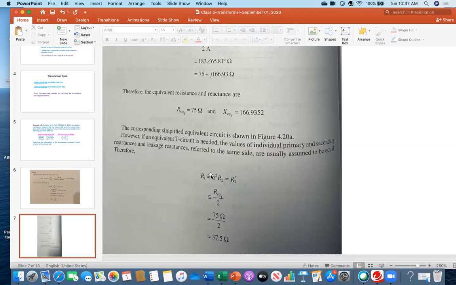Here in the book, they are using a different symbol, R2 prime. This equals this equals this. So what is your R equivalent value? This number, 75. So 75 over 2 gives you R1 value 37.5. Now, if you know the turn ratio a of the transformer, then you can easily find R2. Therefore, look at that.